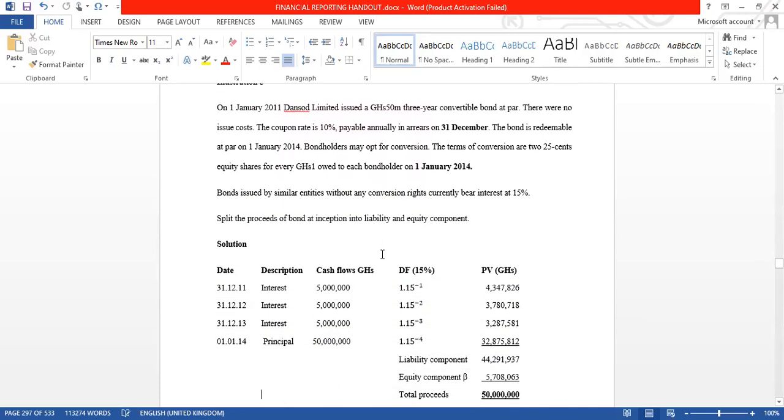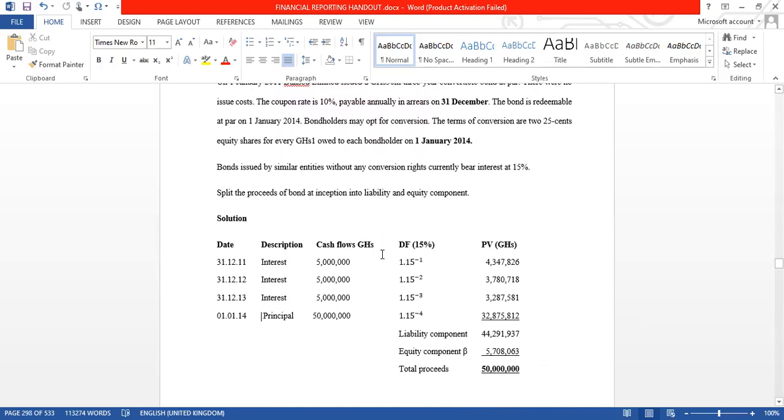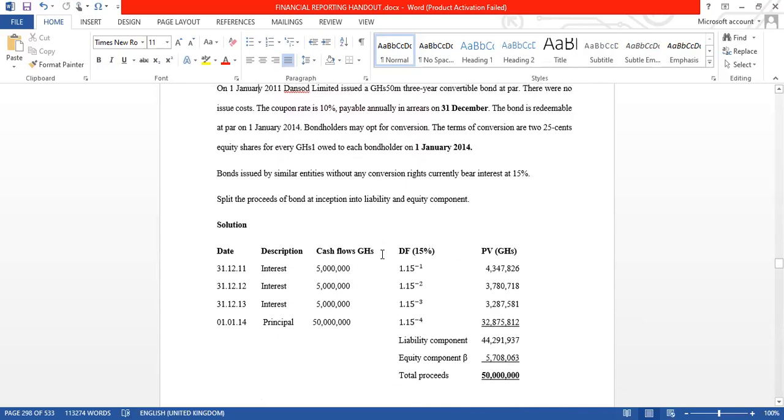What you see here is that Downsword Limited issued 50,000, so take note of the 50,000, for a 3-year convertible bond at par. There were no issue costs. The coupon rate is 10% payable in arrears at the end of each year.